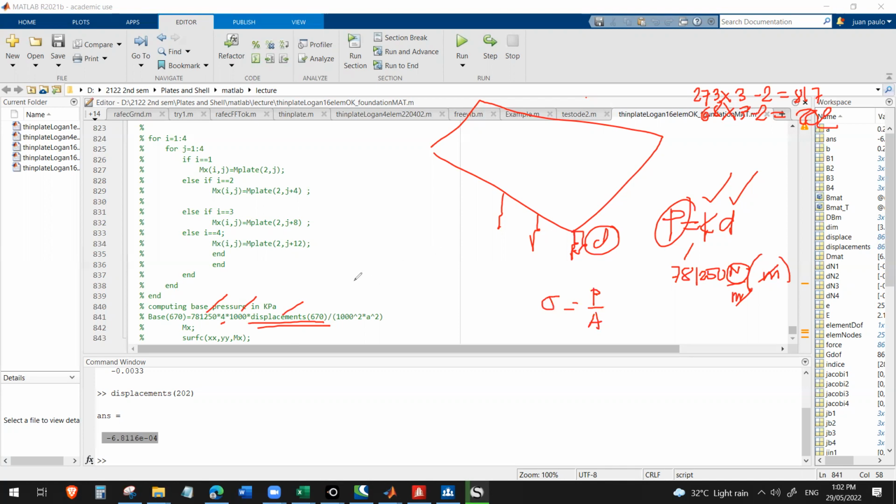Because per plate has a dimension of a and b, but what we are doing, a and b is the same, so a squared. And why 4? Because remember, each plate has 4 springs. So we have 4 springs times the displacements divided by the area.